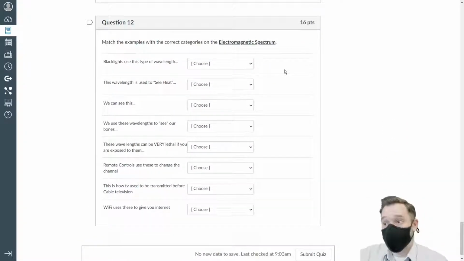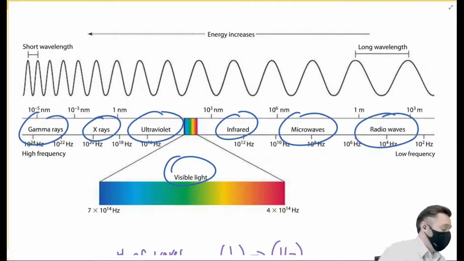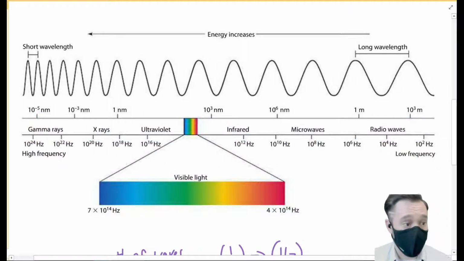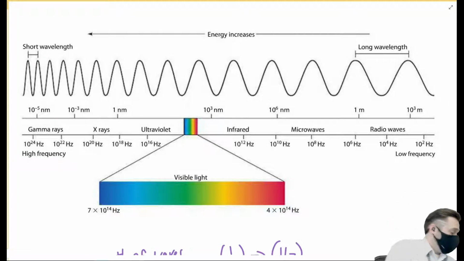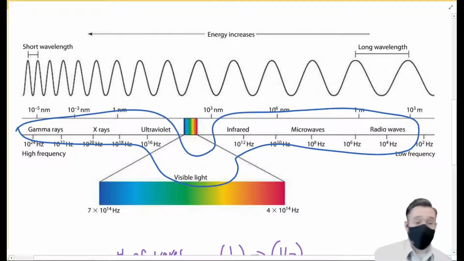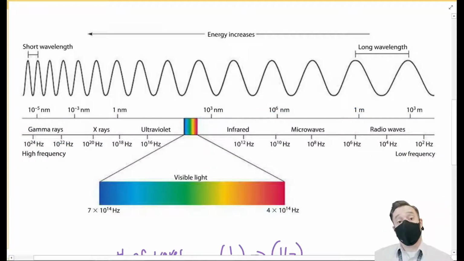The last question. You're supposed to match each category with the example that's provided. So, with the use of a black light, which category of the electromagnetic spectrum deals with black lights? Black lights are ultraviolet light.